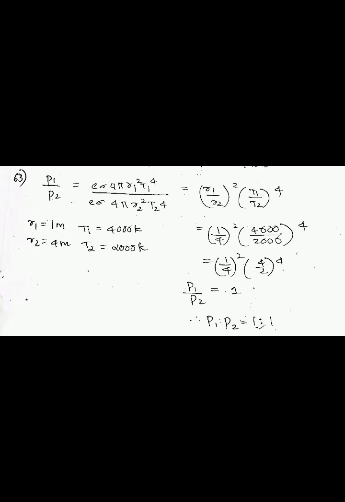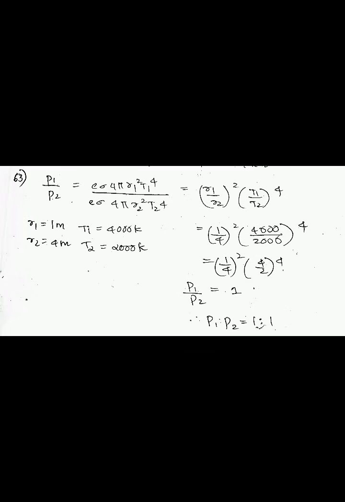Next question is, two spheres of the same material have radii 1 meter and 4 meter and the temperature 4000 Kelvin and 2000 Kelvin respectively. The ratio of the energy radiated per second by the first sphere to that by the second is dash. So here P1 by P2 is equal to e sigma 4 pi R1 square T1 raised to 4 divided by e sigma 4 pi R2 square T2 raised to 4.